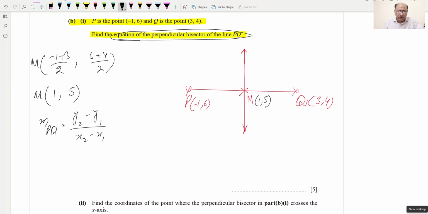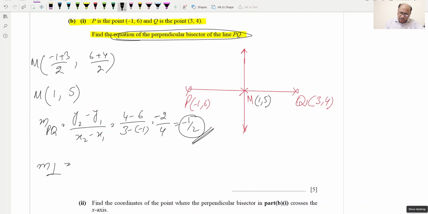Applying the gradient formula: 4 minus 6 divided by 3 minus minus 1, so this will be -2 over 4, which is -1 by 2. So the gradient of PQ is -1 by 2. The gradient of the perpendicular will be the reciprocal with the sign changed, which is 2.